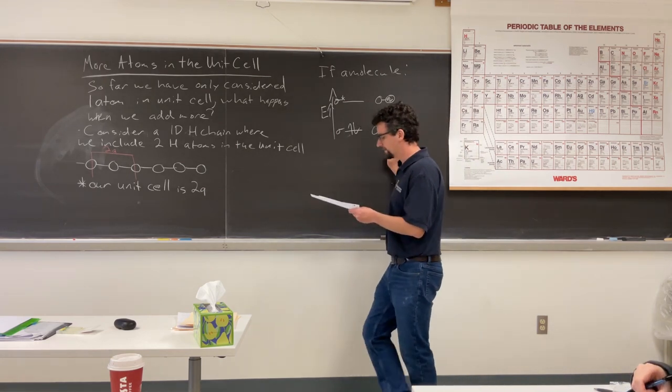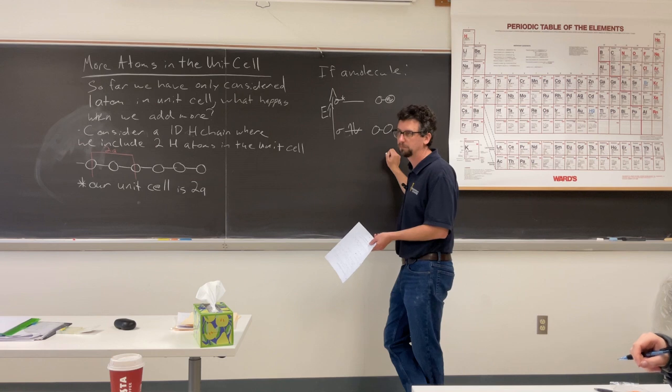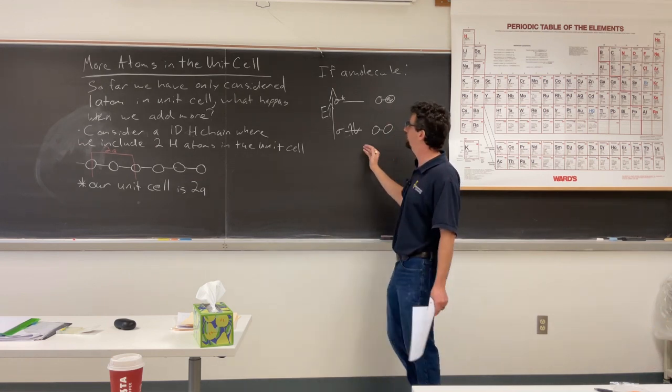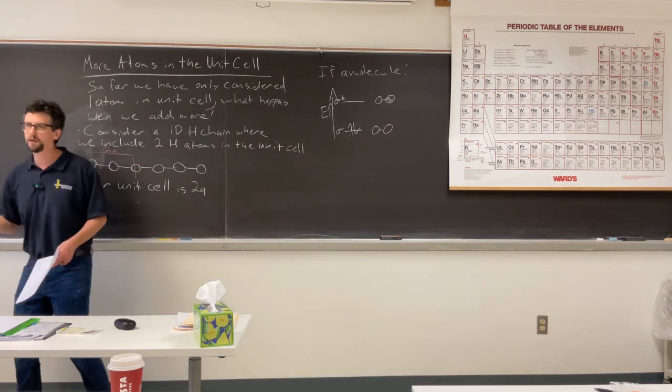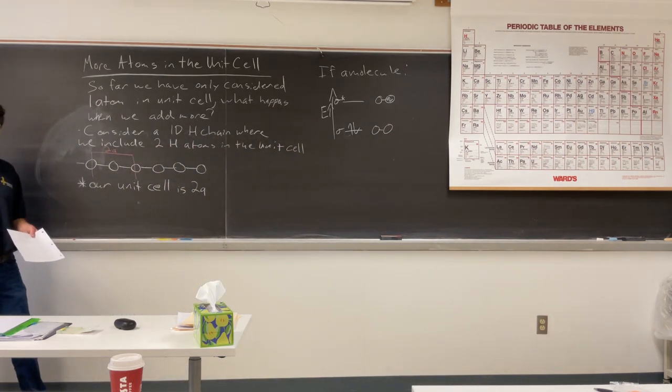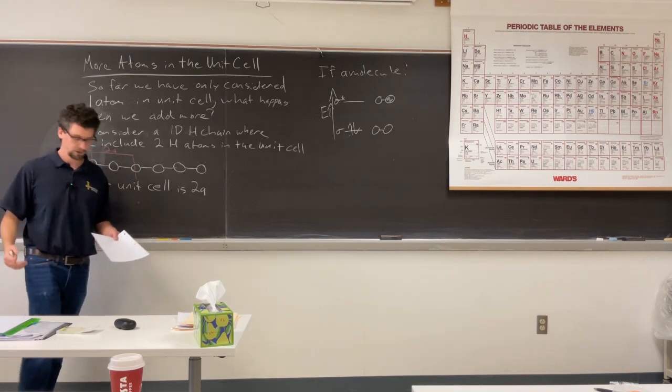Okay, so we have a solid though, right? What we want to do is consider for our chain, what do the Bloch functions look like at the zone center and the zone edge?